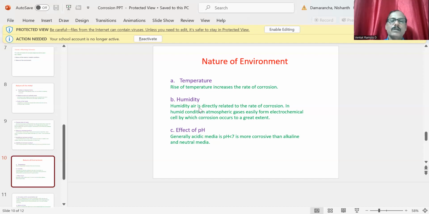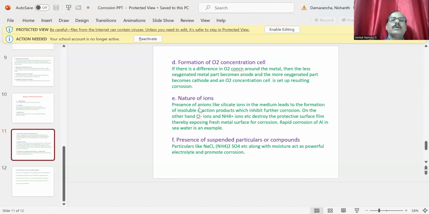If you compare the corrosion of two metals, one placed at pH 5 and the second at pH 11, then definitely the rate of corrosion will be more for the pH 5 metal. So pH affects the rate of corrosion.